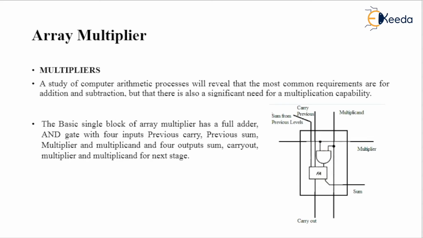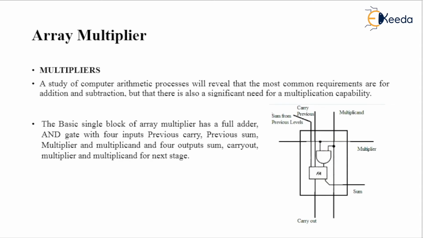In the previous session of videos, we discussed arithmetic logic unit design. Under that, we studied the adders as well as the subtractors, but we didn't study a multiplier in that video.